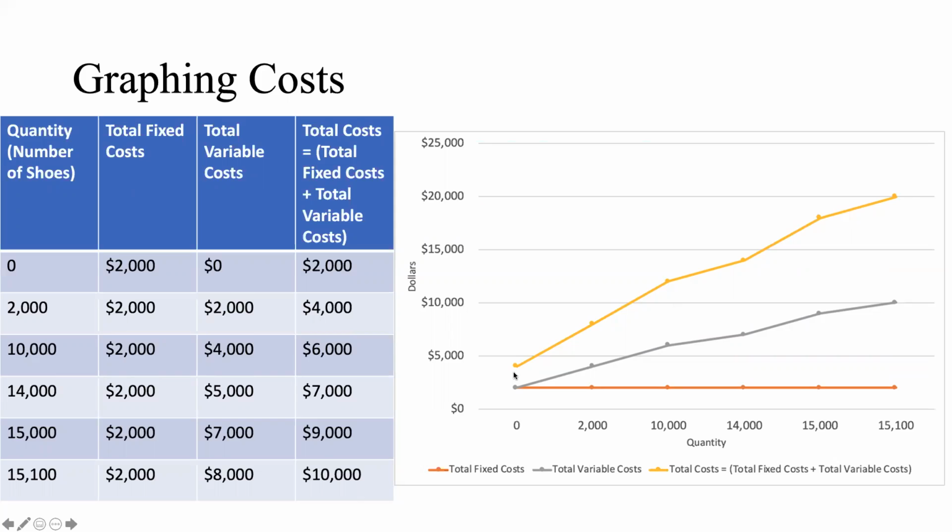And note that as you produce more and more stuff, the gap between variable and fixed costs is going to increase, because as you produce more, fixed costs are going to be divided over a larger and larger quantity, and variable costs are just going to keep increasing as you produce more.